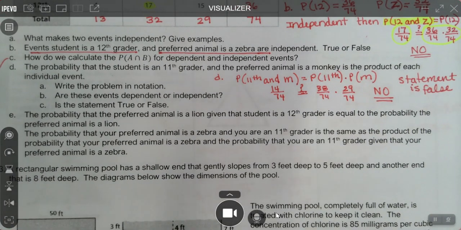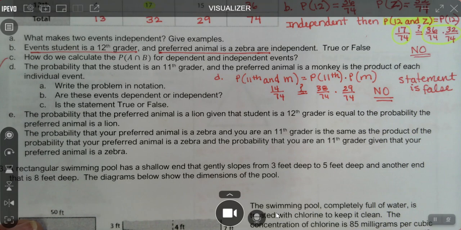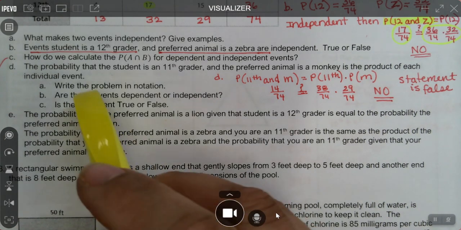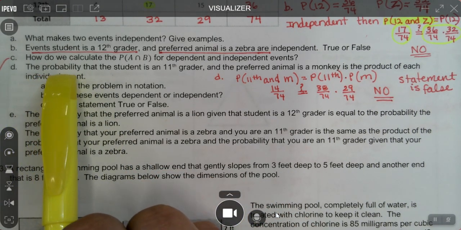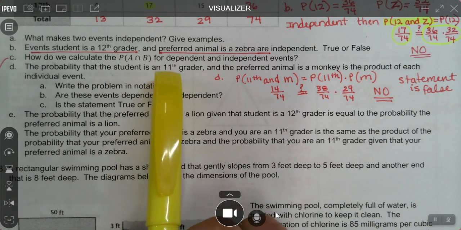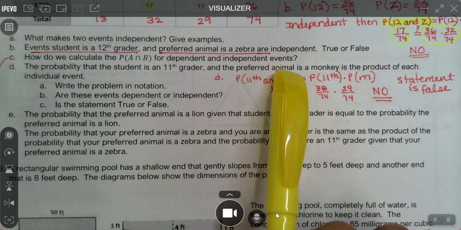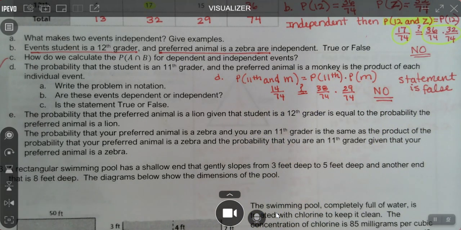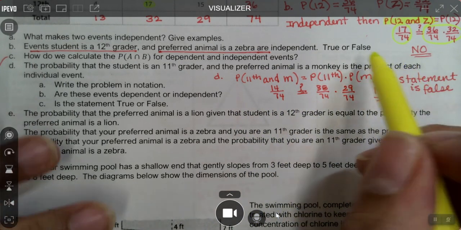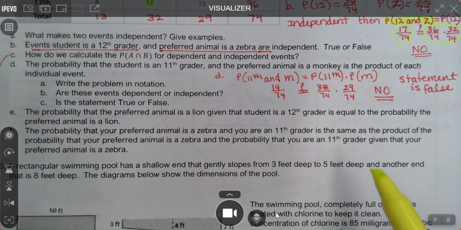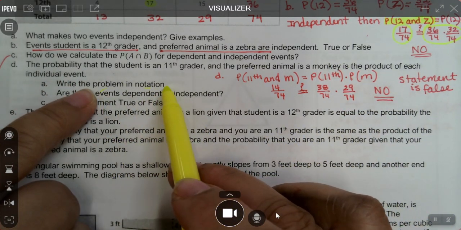A lot of it is choosing which is the correct statement. So let's say, for example, that I say the probability that the student is an 11th grader and that the preferred animal is a monkey is the product of each individual event. So let's write it in notation.